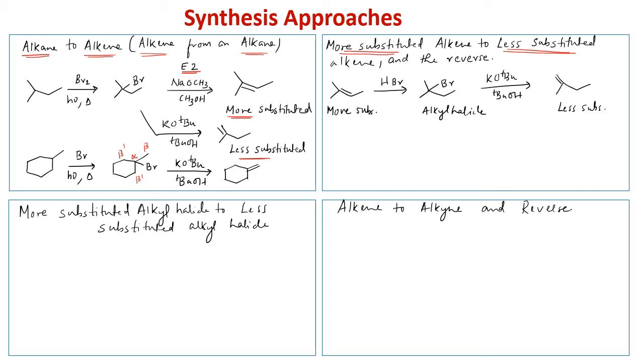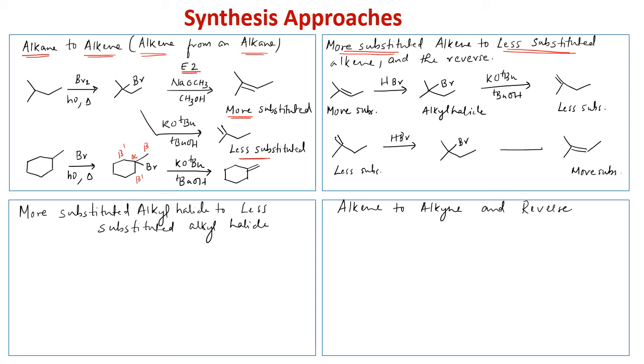If I start with the less substituted alkene and my target is the more substituted alkene, we'll again do a hydrohalogenation, because we must convert that alkene into an alkyl halide.